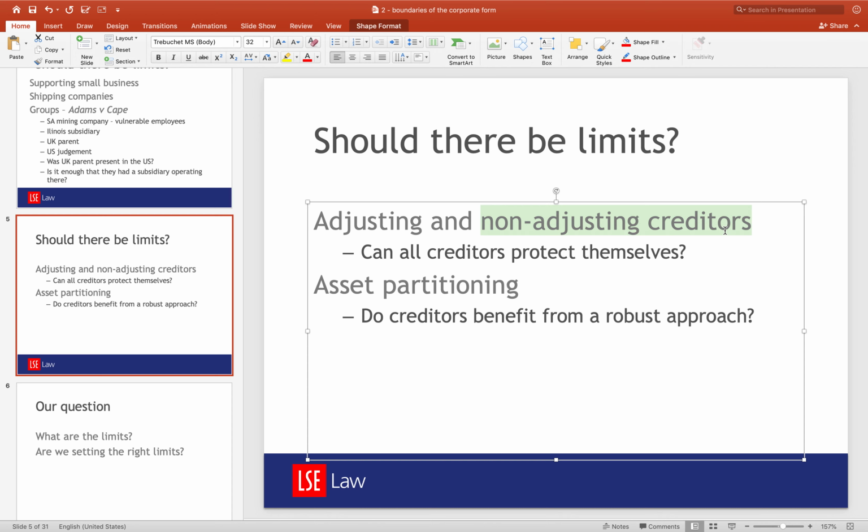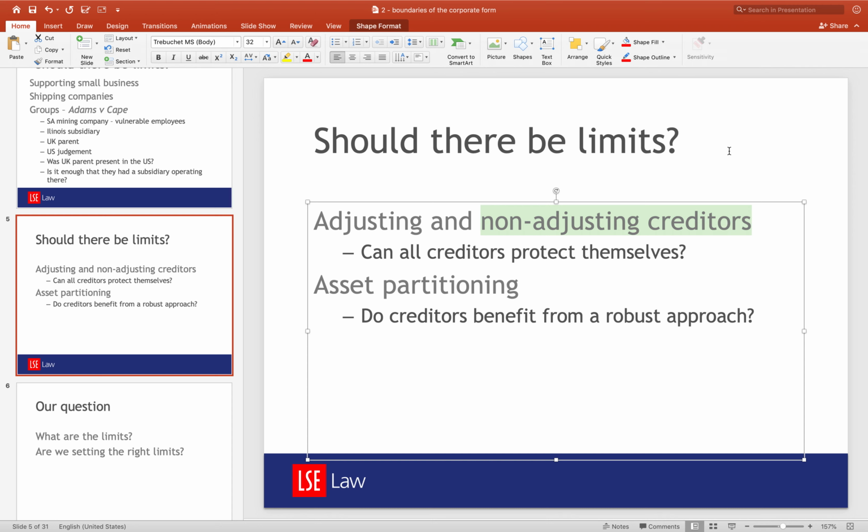In the case of the miner, that's because they don't have the bargaining power necessary to insist on certain employment terms. So we can conclude there are some creditors for whom it is very difficult to manage this risk created by limited liability.